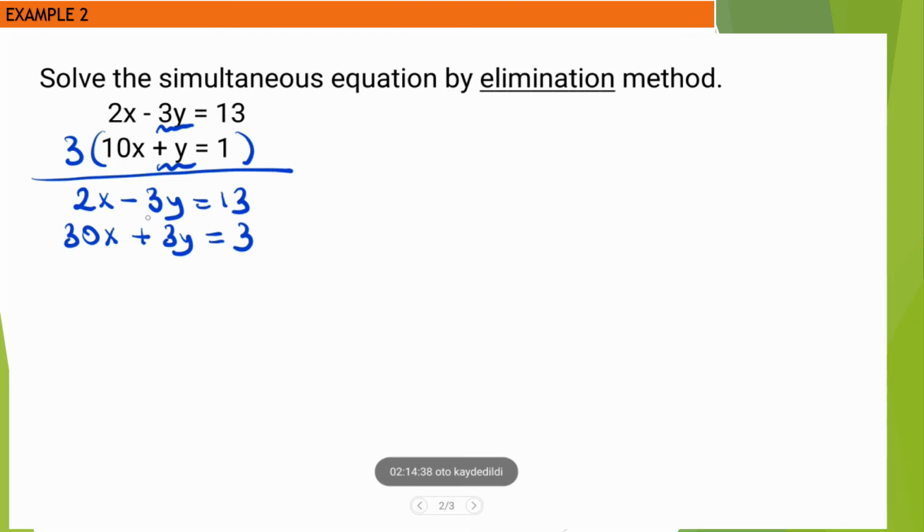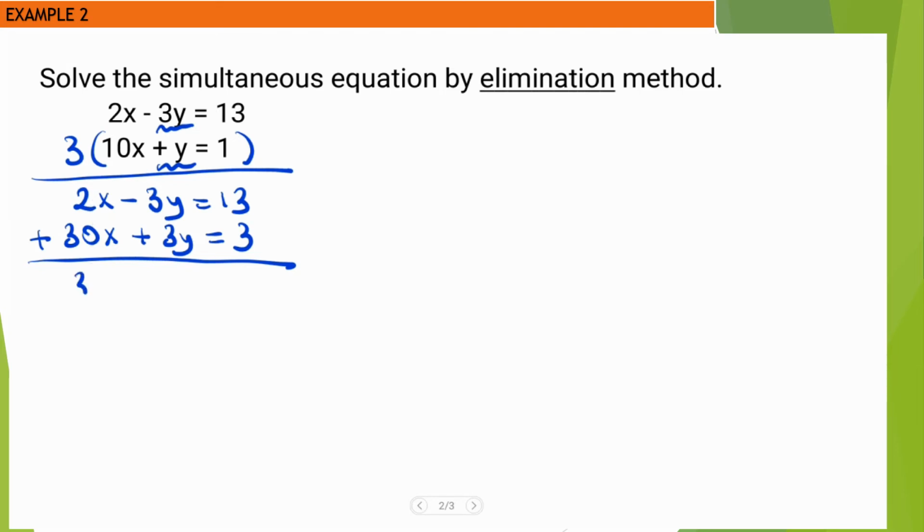Now, how can I get rid of minus 3y and plus 3y, if I add or subtract? So the answer is adding. I choose to add both of the equations term by term. Let's see what we'll have.